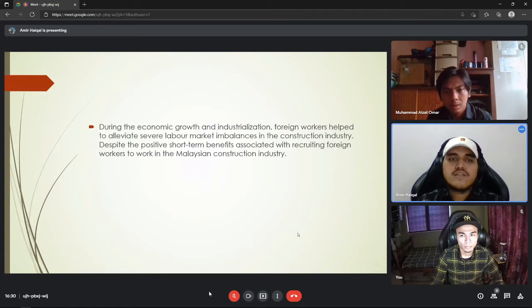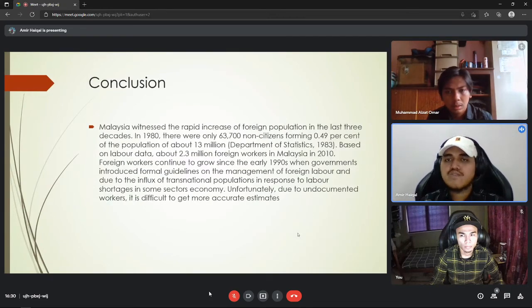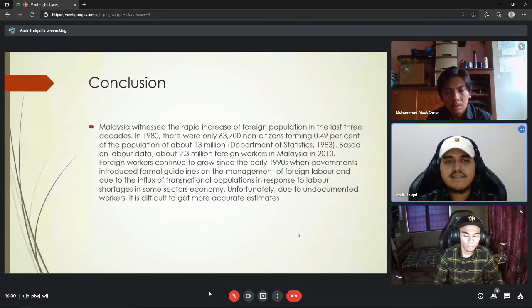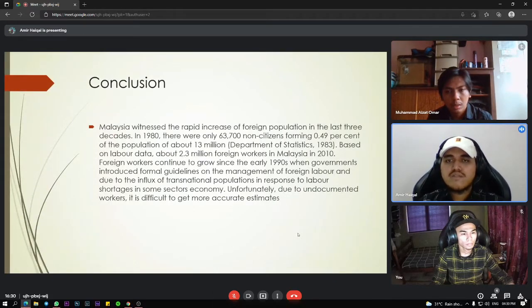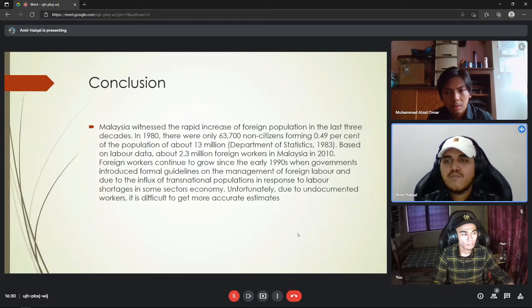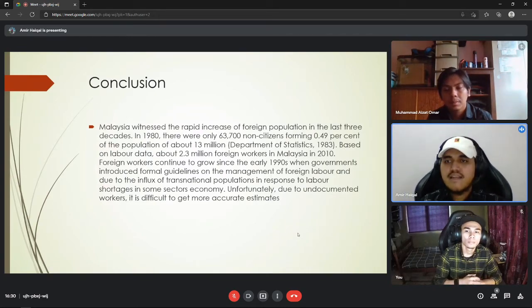The conclusion. Malaysia witnessed a rapid increase of foreign population in the last 3 decades. In 1980, there were only 63,700 non-citizens, forming 0.49% of the population of about 13 million (Department of Statistics, 1983). Based on labor data, there were about 2.3 million foreign workers in Malaysia in 2010.